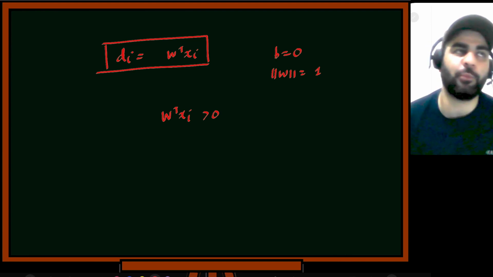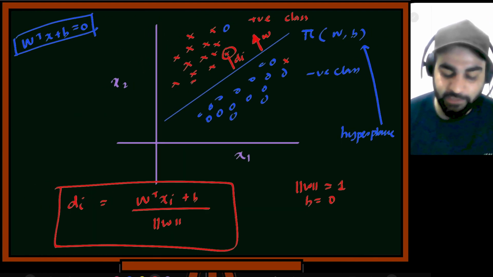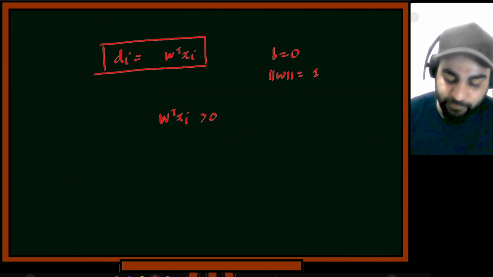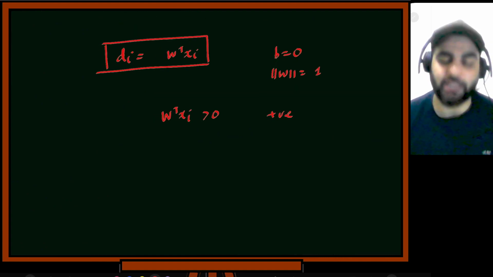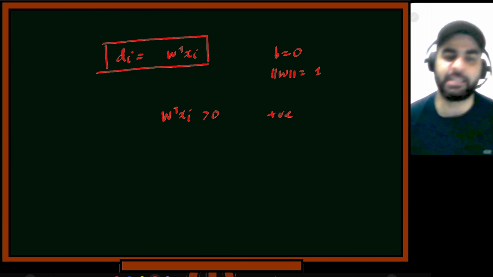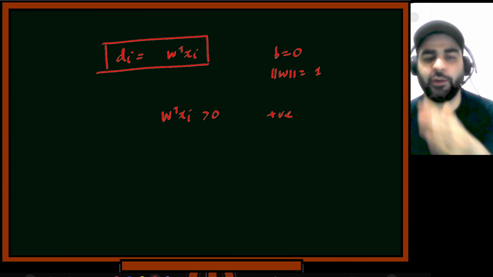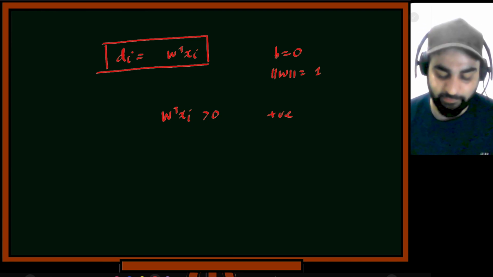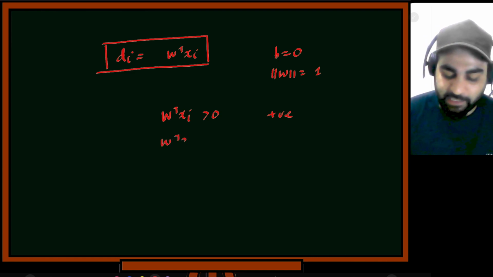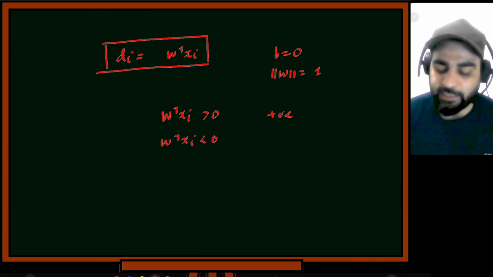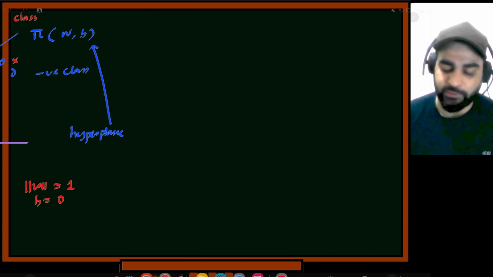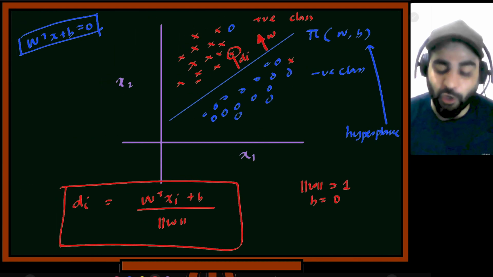So for the positive class, w transpose xi will be greater than 0. That is the distance of the point from the hyperplane, and this will be positive. And if w transpose xi is less than 0, that means the class is negative, because the point is on the opposite side of w.